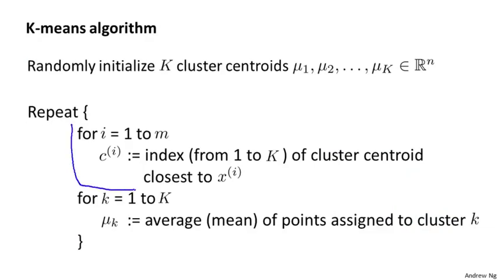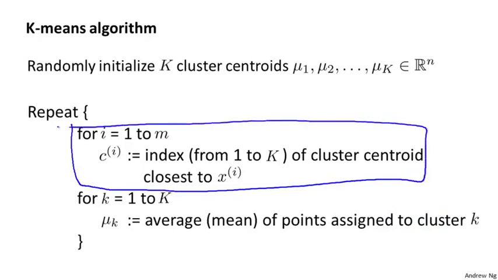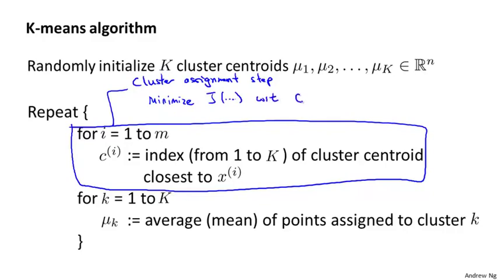The first step of this algorithm was the cluster assignment step, where we assign each point to the cluster centroid, and it's possible to show mathematically that what the cluster assignment step is doing is exactly minimizing J with respect to the variables c^(1), c^(2), and so on up to c^(m), while holding the cluster centroids mu_1 up to mu_K fixed.